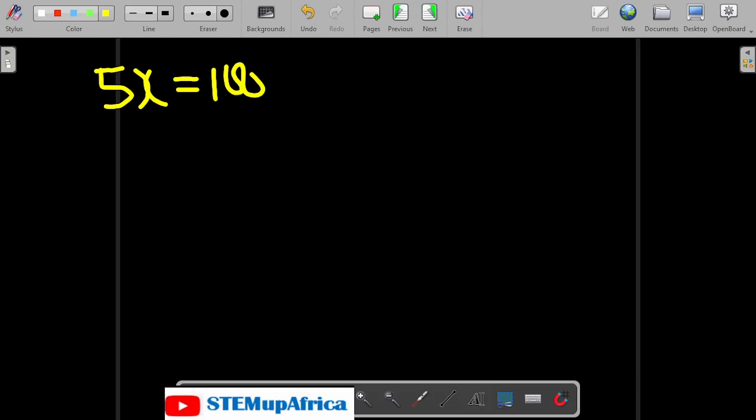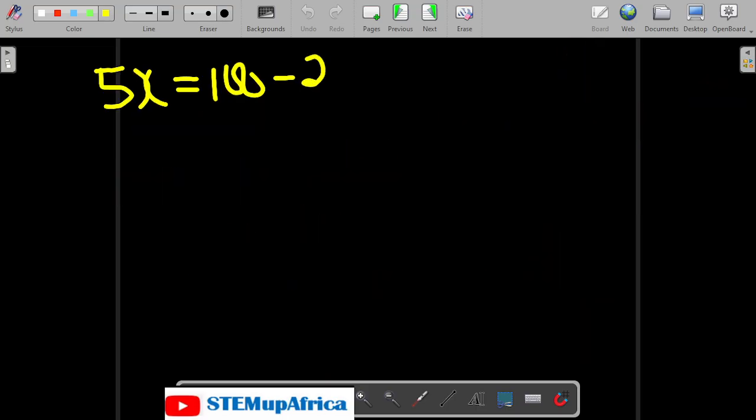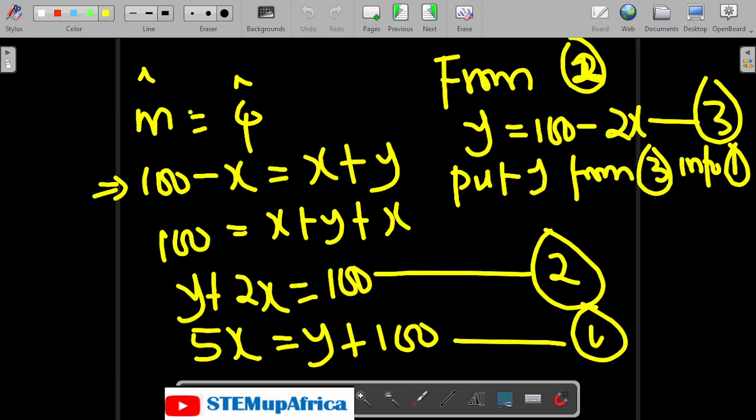So that will give us 5x is equals to 100 minus 2x plus 100. Okay? So what do we get from here?